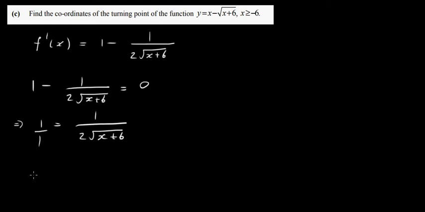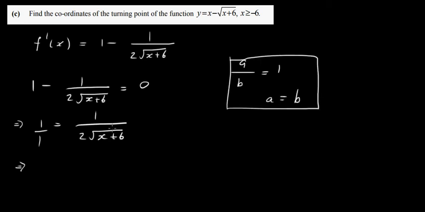Now what we've got here effectively is a fraction equal to a fraction, so what we can do is cross multiply, or indeed if anything divided by something is equal to 1, then the numerator and the denominator must be the same. In other words, if we have a over b is equal to 1, then a must be equal to b. So it's the same here. If 1 divided by 2 times the square root of x plus 6 is equal to 1, then 1 must be equal to 2 times the square root of x plus 6.